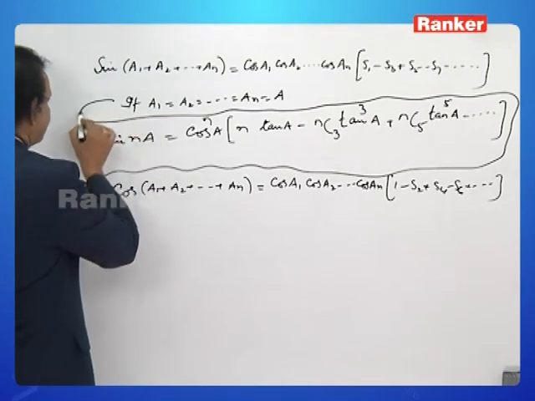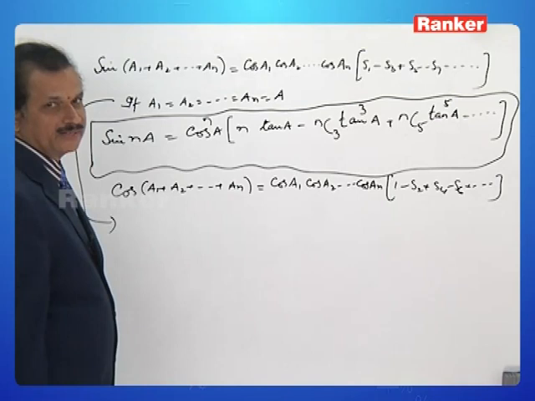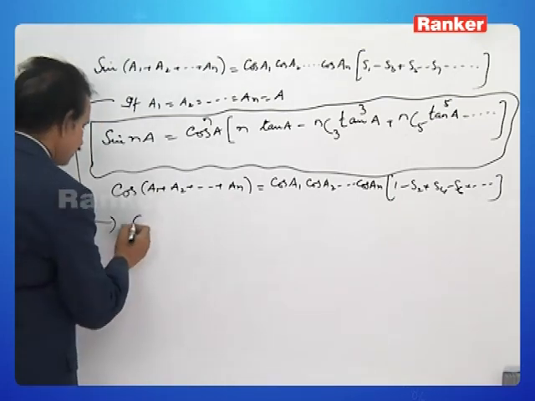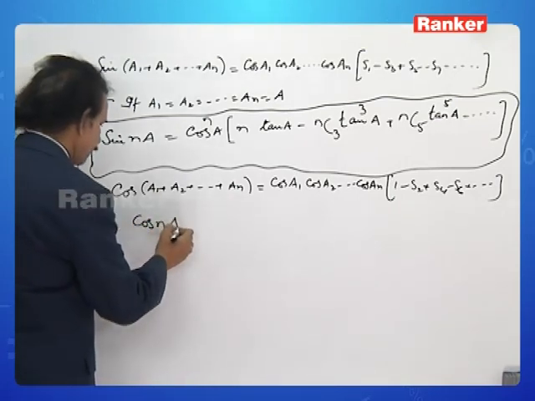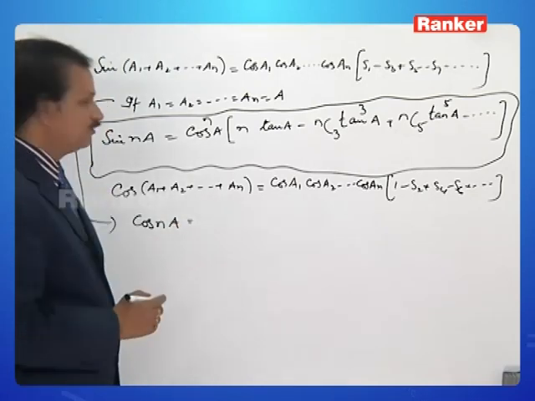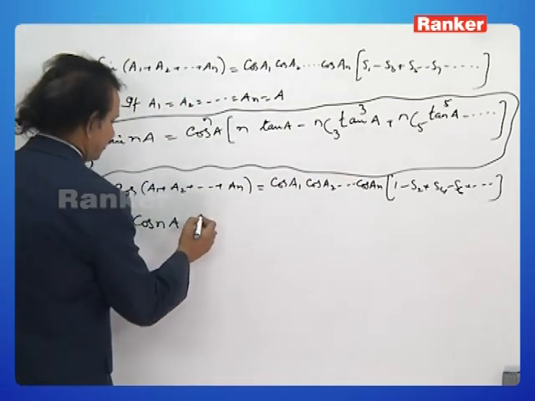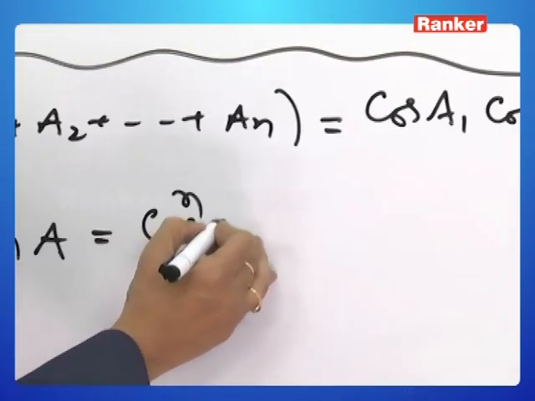Use the same concept. If A1 is equal to A2 is equal to etc. AN is equal to A, then LHS becomes cos NA, is equal to cos A into cos A into cos A into etc. cos A. What is that? Cos power NA.